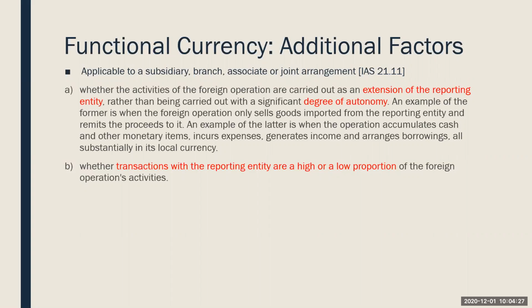So if the foreign operation has a significant volume of transactions with the Canadian parent or the Canadian investor, then we would argue that this is indicative of the Canadian dollar as being the functional currency. If not, then the local currency would be the functional currency for the foreign operation.